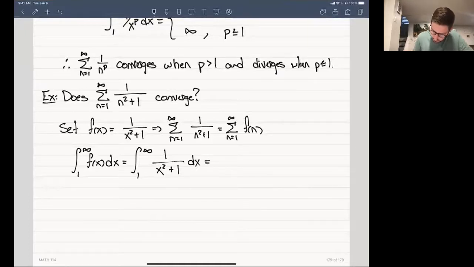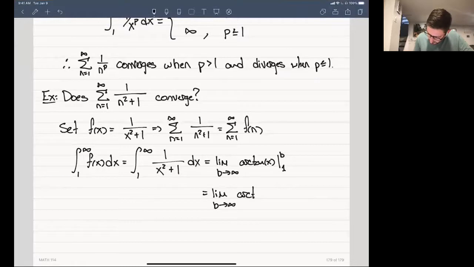If we want to do this properly in terms of limits, this is the limit as b goes to infinity of arctan of x running from 1 to b, which is the limit as b goes to infinity of arctan of b minus arctan of 1, which is pi over 4.